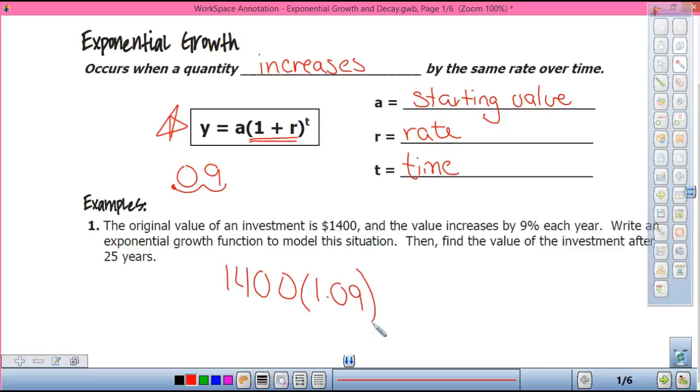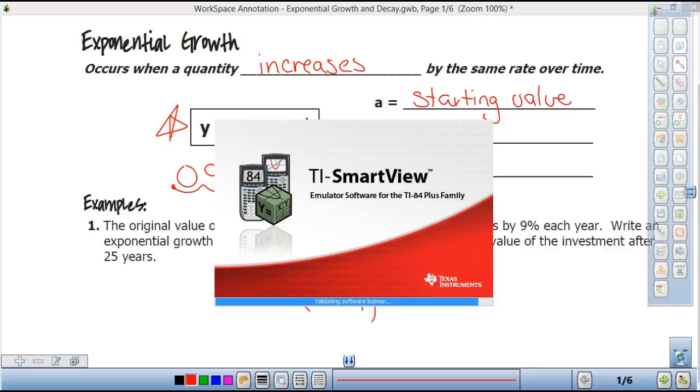Okay. Now if I'm just writing the function, this is going to be to the T power or to the X power. I don't care which one you use. Okay. But in this case, what am I going to plug in for T? 25. So in order to do that, because remember we always do exponents first, right?